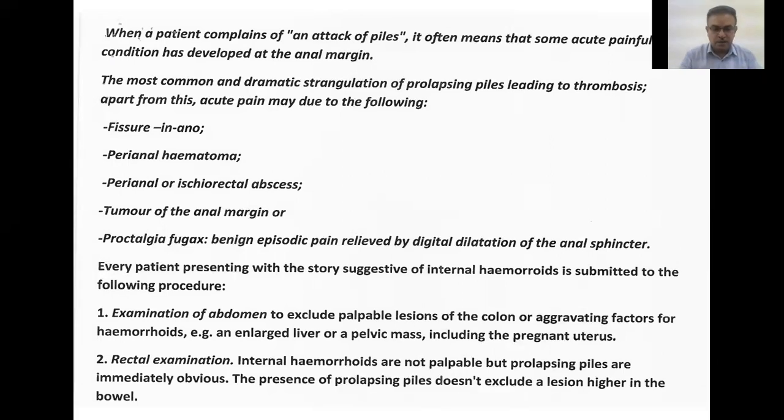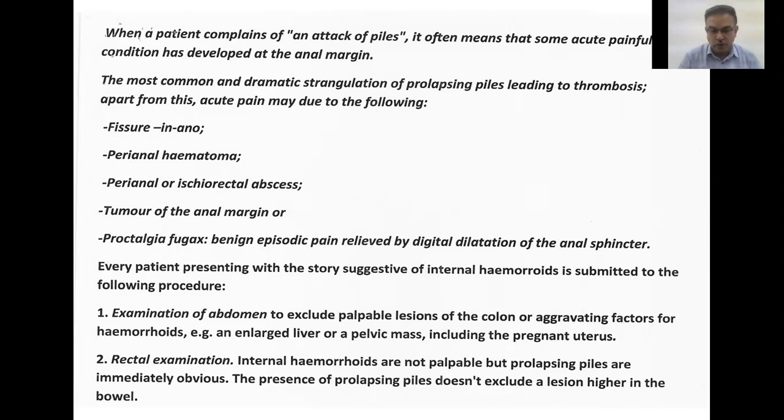By PR examination, internal hemorrhoids are not palpable, but prolapsing piles are immediately obvious by inspection. A prolapsing pile does not exclude a lesion higher in the bowel.